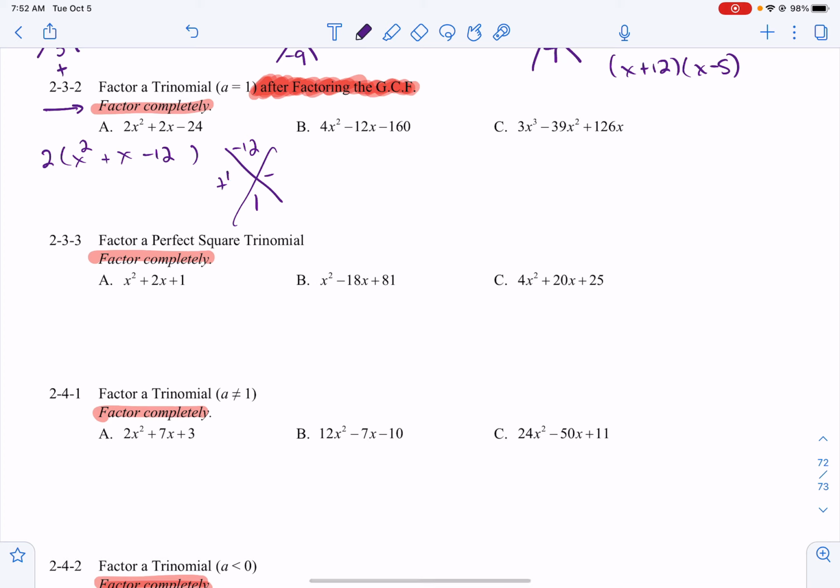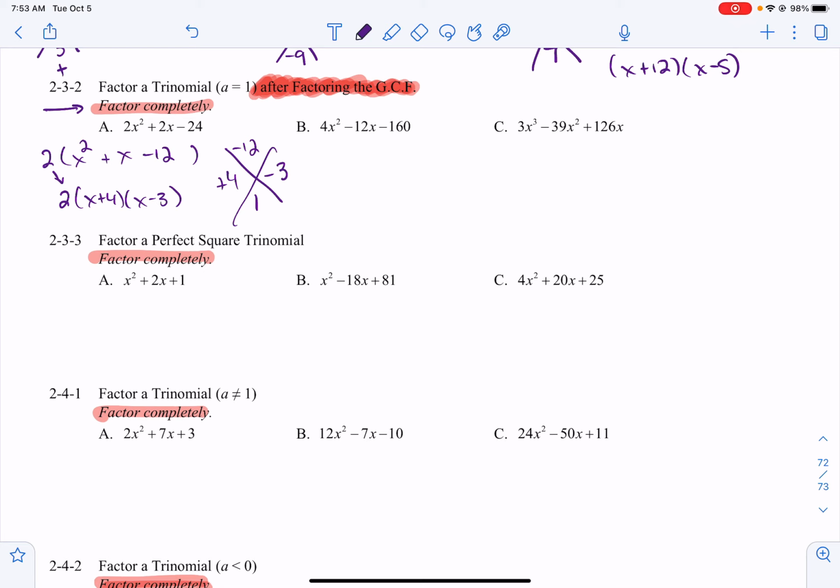And I think my numbers are going to be 4 and 3, because those multiply to negative 12, and 4 minus 3 is 1. So my answer becomes x plus 4 and x minus 3. And don't forget that 2 in the front. That's still in the front. It didn't magically disappear. It's still there, okay?